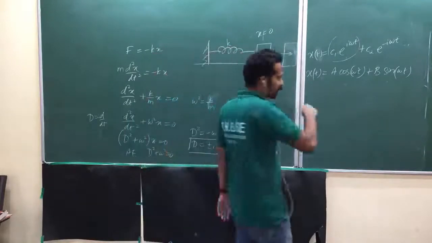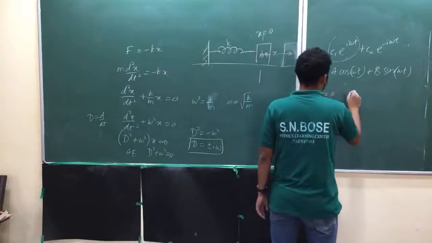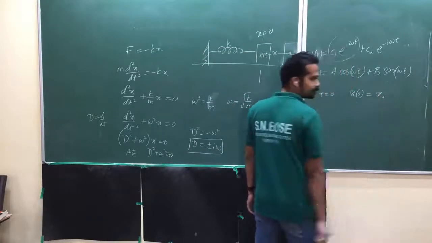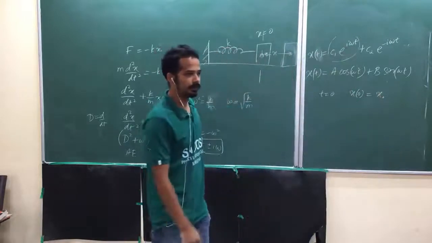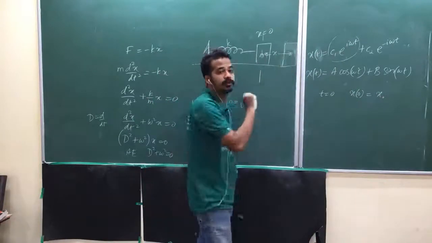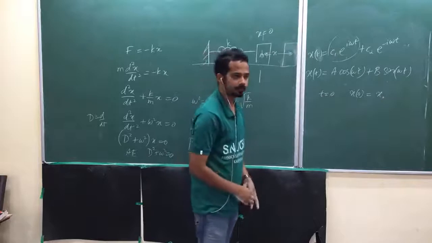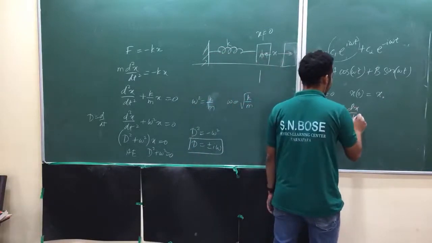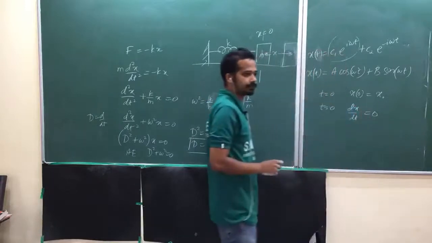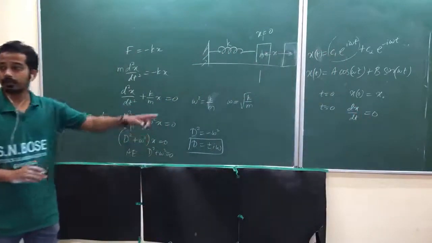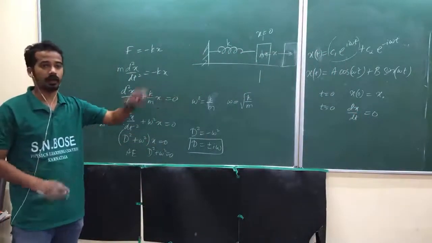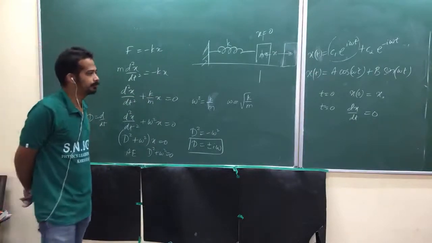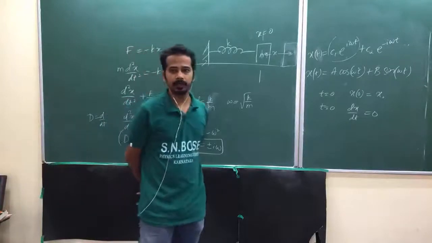At t equal to 0, x of 0 is equal to some x naught, and I am leaving it with 0 initial velocity. At t equal to 0, dx by dt is equal to 0, because you need two initial conditions to solve this completely. Isn't it? Are you getting my initial condition?